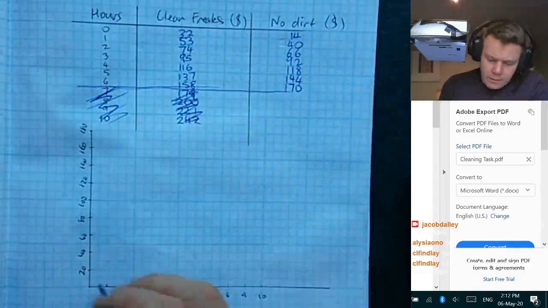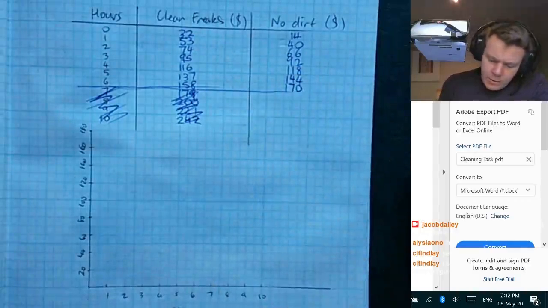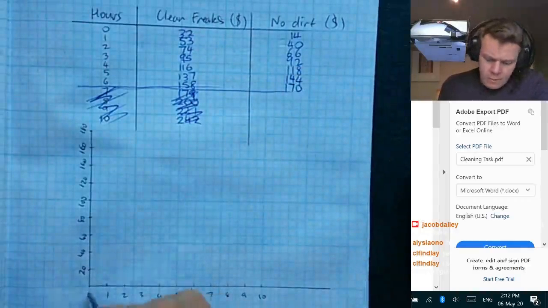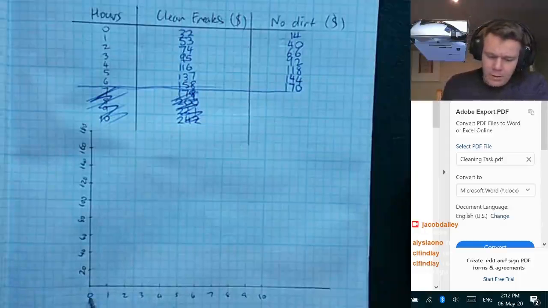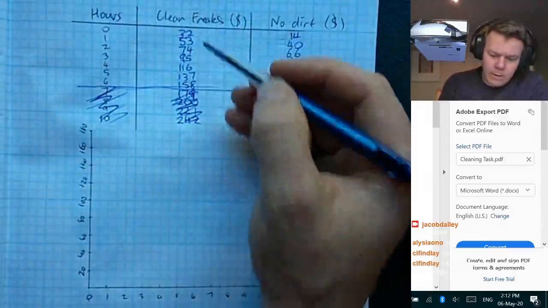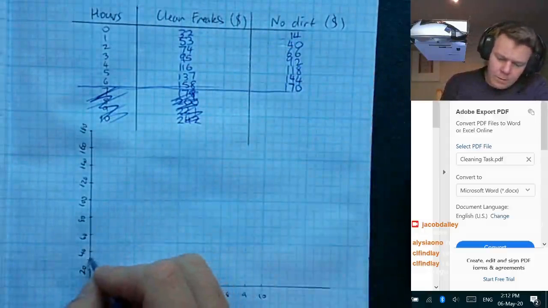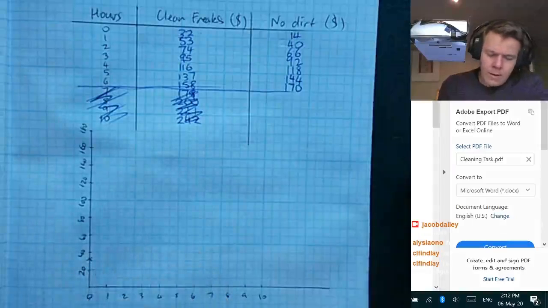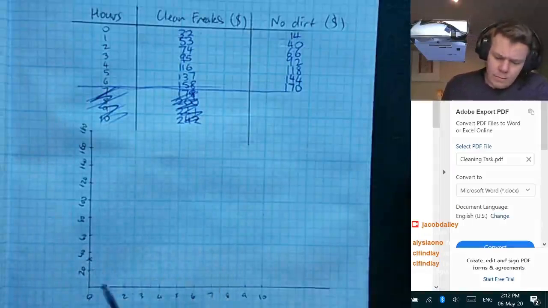Along the bottom we've got hours, so we start at 0. This first one for Clean Freaks is the y-intercept.